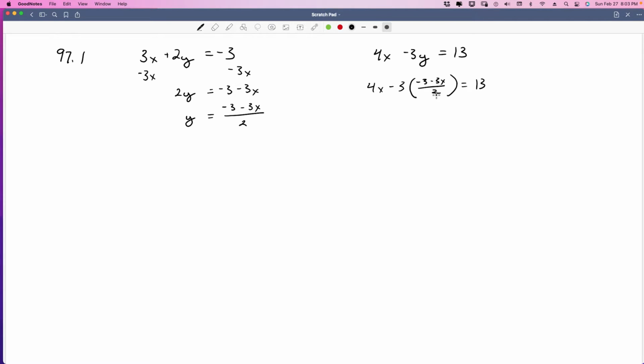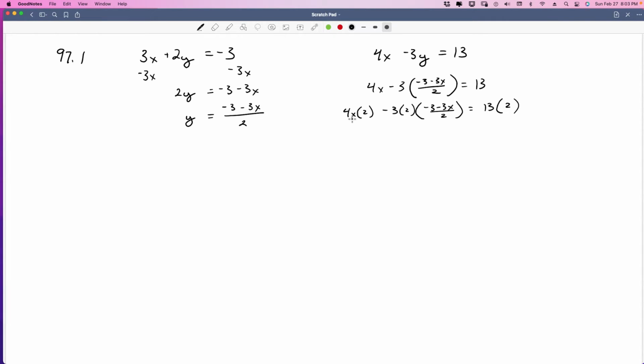So now what I want to do is get rid of this denominator. I want to put everything back into a numerator or a whole number status. So I'm just going to multiply everything in the equation times 2, including our result, or our sum.